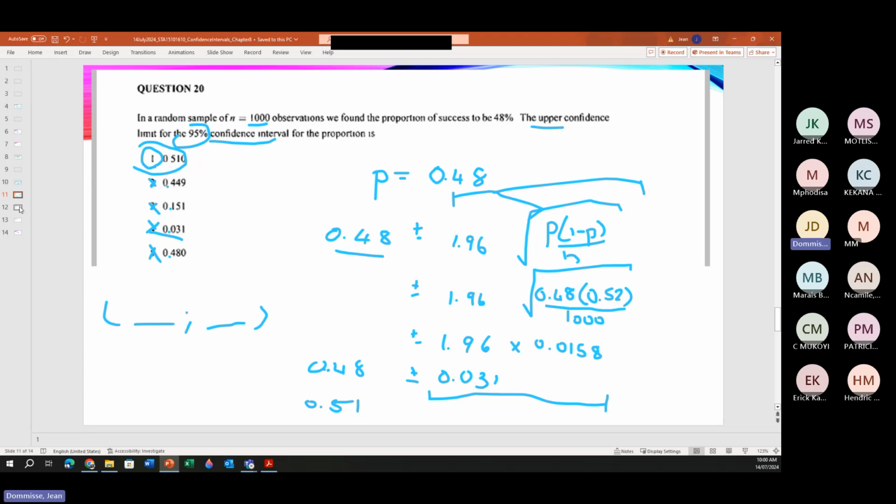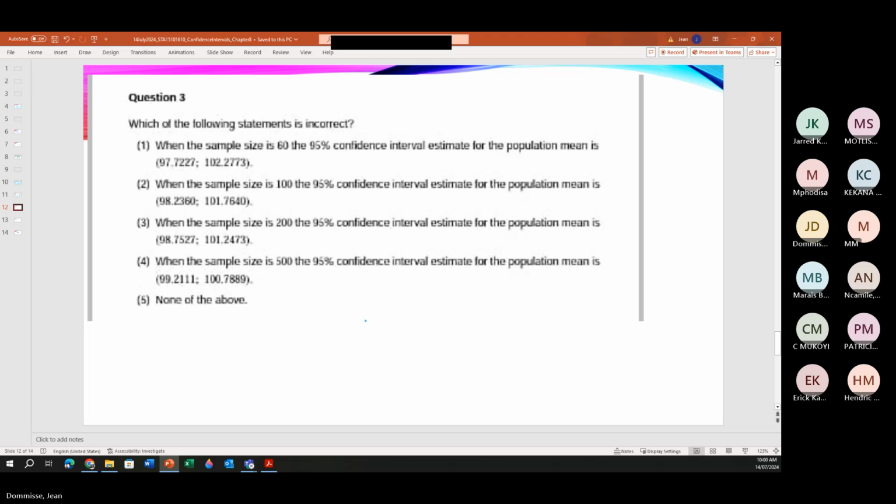Okay, and then there's two nearly, what is it, theoretical types of questions. So let's look at this.